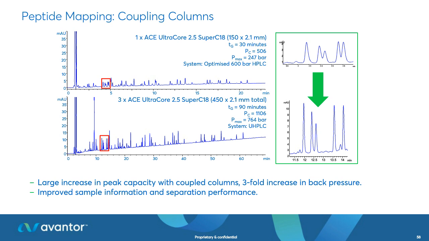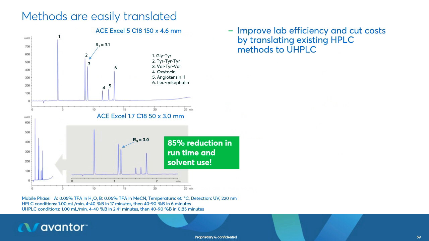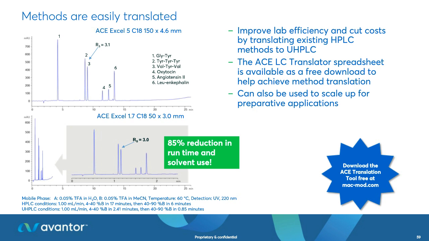So here we've actually put 3 columns in sequence, and then that's improved our separation a lot. You can model this using our gradient translator tool, which you can download from the MatMod website as well. So that will help you to look at how you can translate those methods and make sure you're maintaining the same gradient even with columns coupled together, so longer columns.